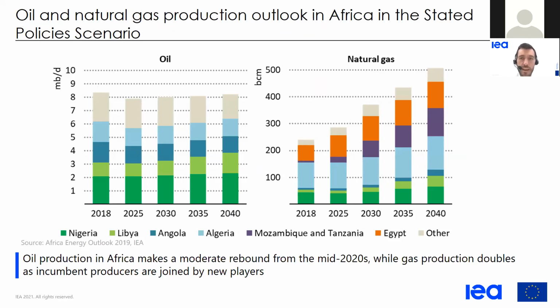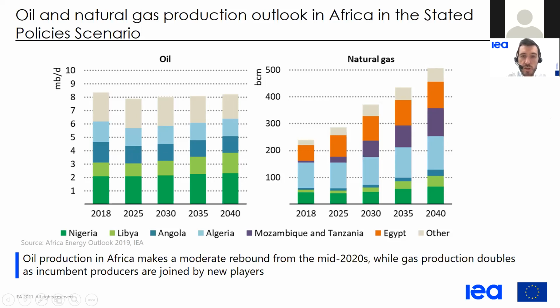But based on analysis we conducted in the Africa Energy Outlook, for oil on the left figure, we would expect the levels of production in Africa to remain the same. And we see that the contribution of Nigeria would slightly increase to more than 2 million barrels a day by 2040. But when we look at natural gas, it's a very different story.